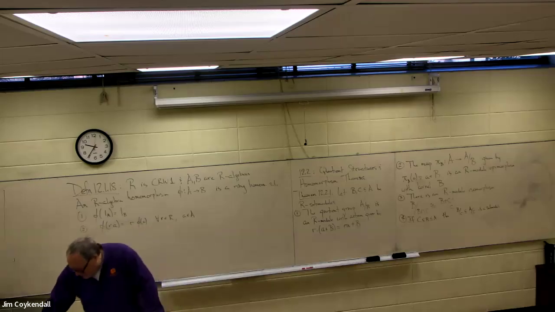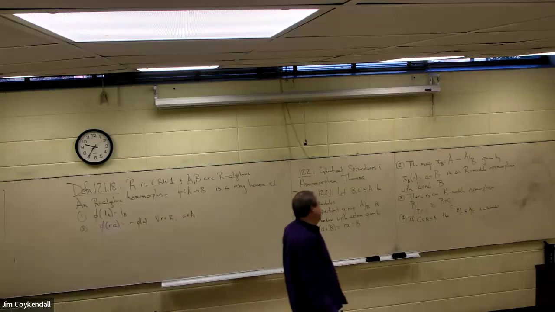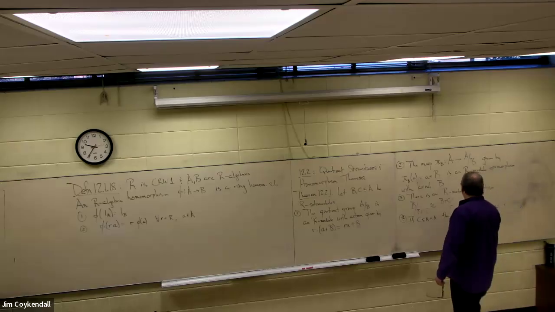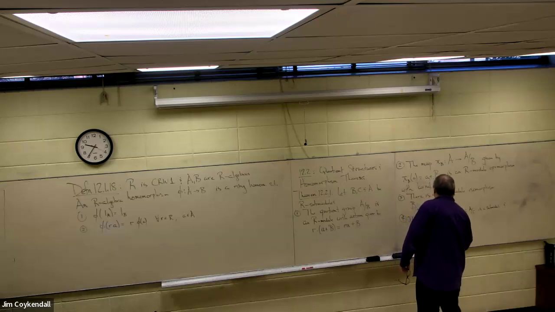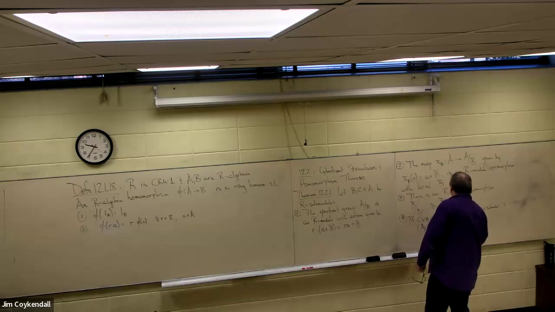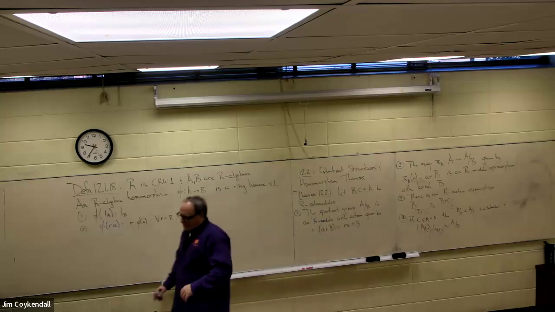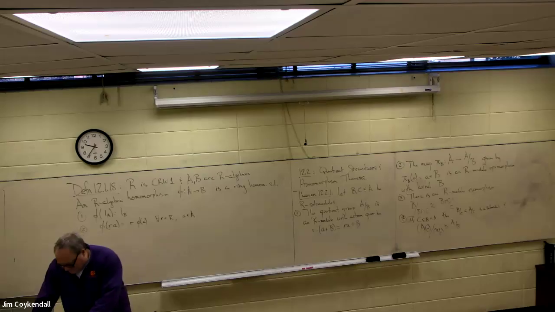Then B mod C is a submodule of A mod C, and their quotient. So since this is a submodule of this, you can quotient out A mod C modulo B mod C is isomorphic to A mod B. So this is reminiscent of the second, third isomorphism theorems.